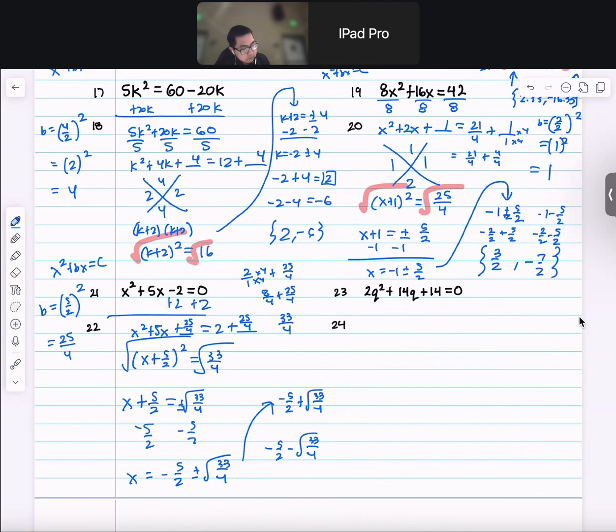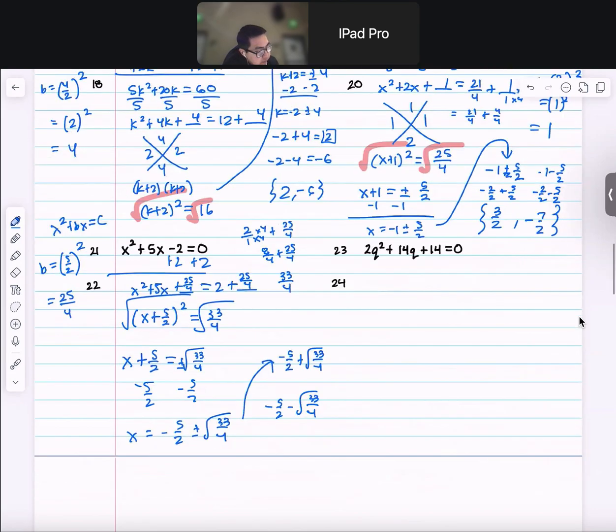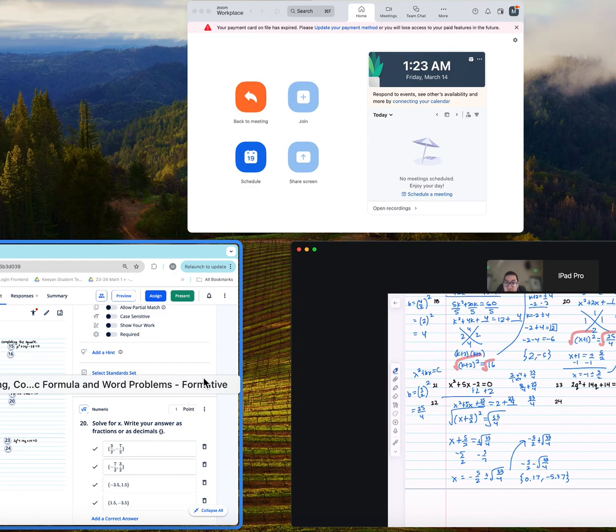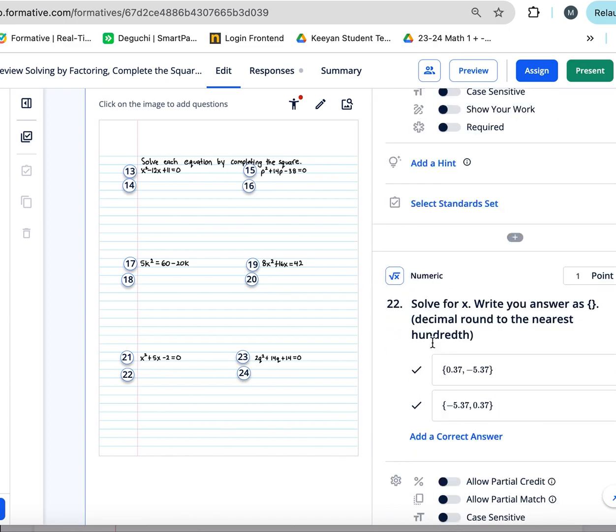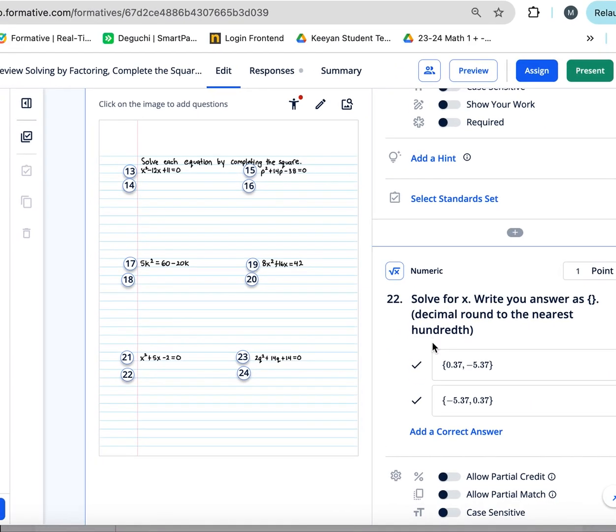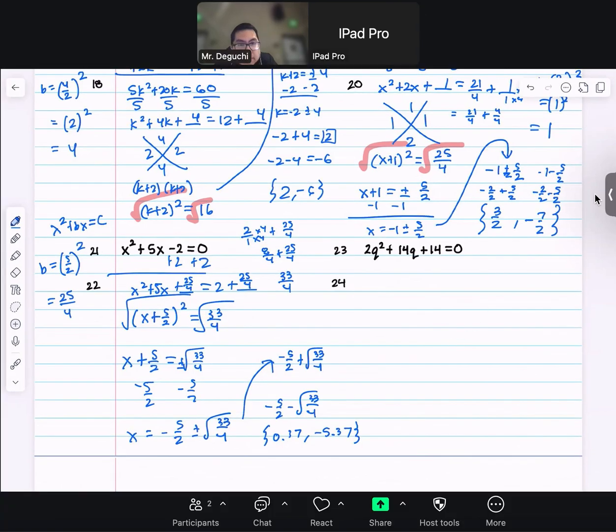If we crunch all those numbers using a calculator, I believe one answer is going to give you 0.37, and the other one should give you negative 5.37. And I'm just going to check to make sure that this is good. Yes, that looks good.